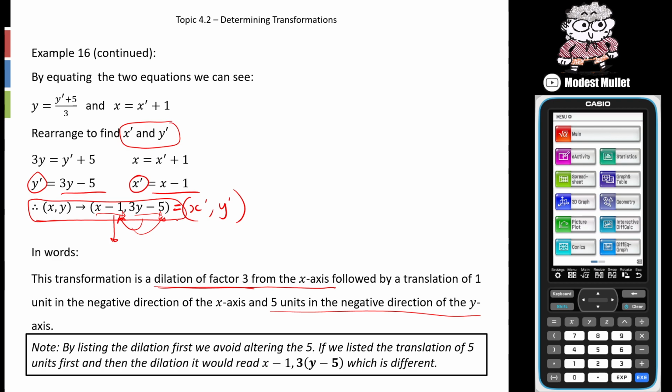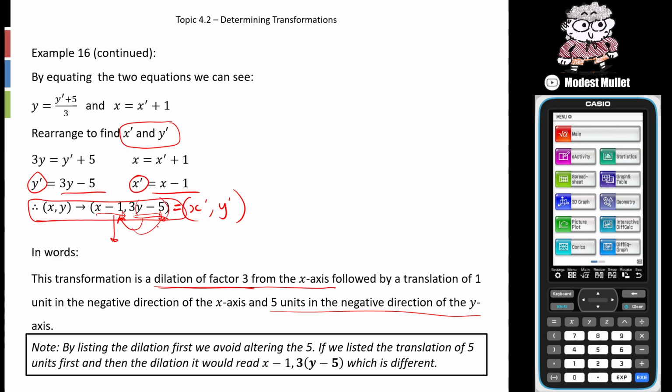But I personally just look at the one coordinate, the x coordinate, and go, okay, that one's translated left 1, and then I look at the y coordinate and list all those transformations. It's dilated by 3, and then translated down by 5. Well, that's how we go about it.